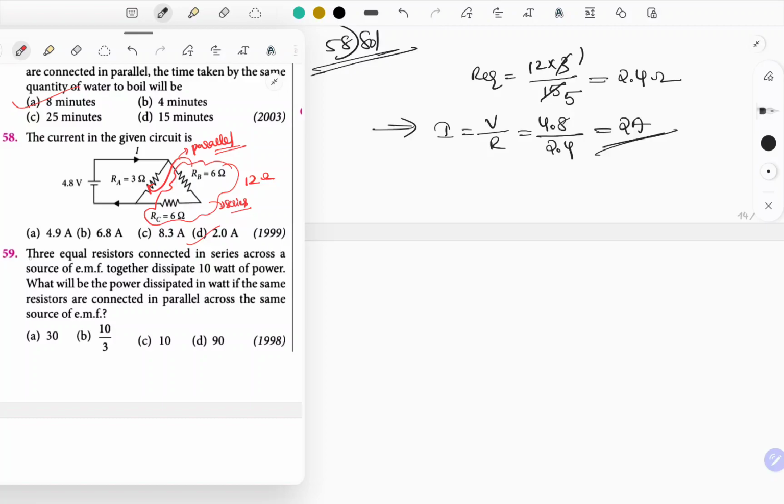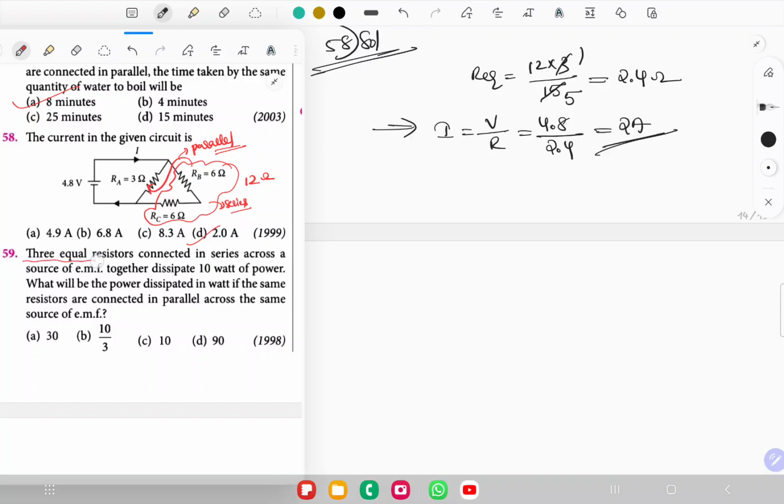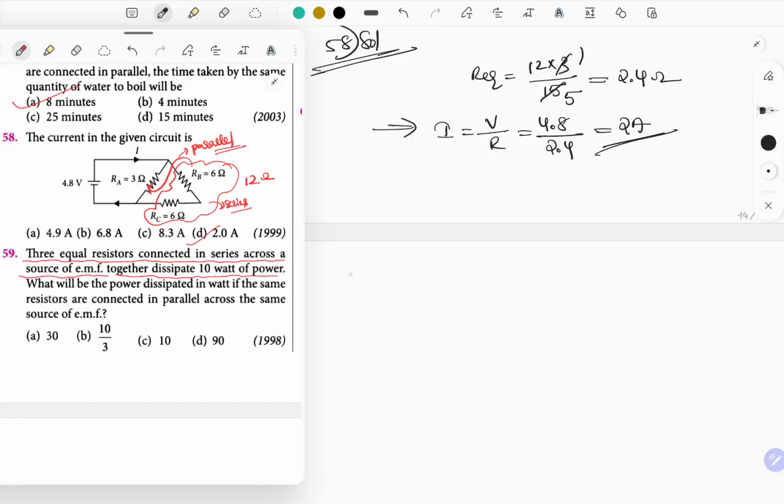Next, question number 59. 3 equal resistors connected in series across a source of EMF together dissipate 10 watt of power. Okay, so there are 3 equal resistors, right? Let me imagine each resistor is of resistance R ohms.